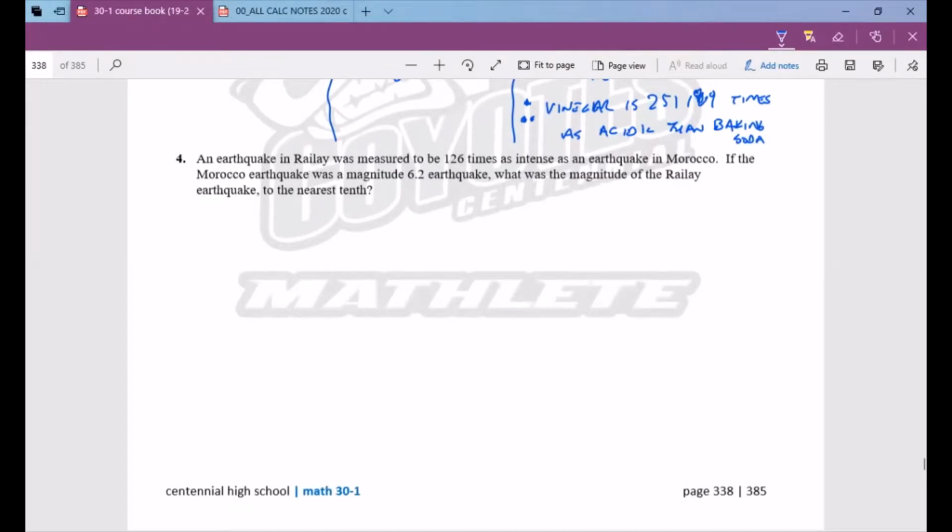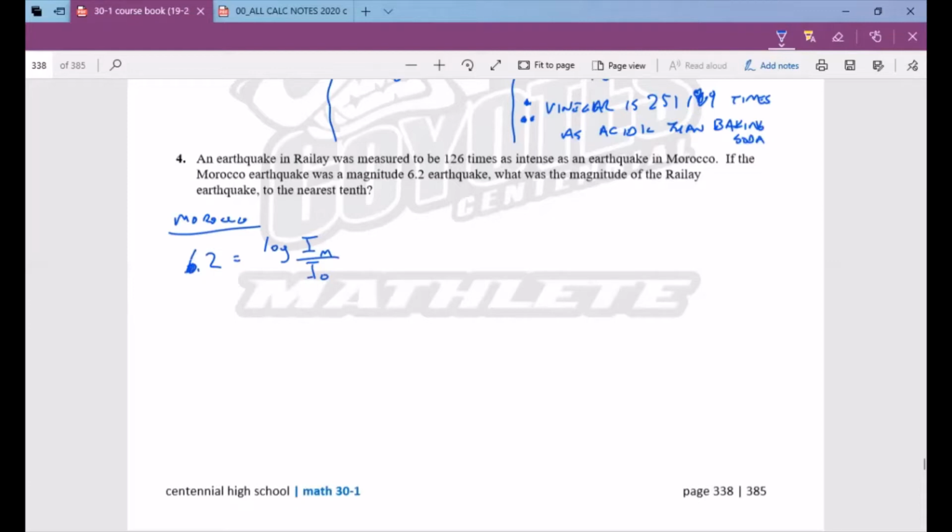Okay, so our Morocco earthquake ends up being a 6.2, which is equal to log of IM over I naught.